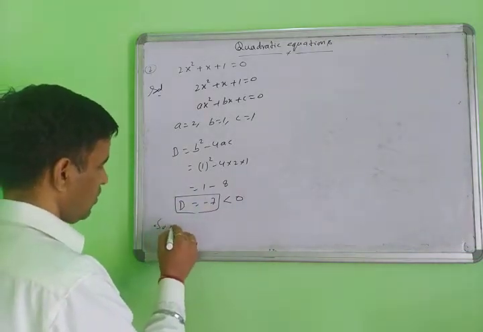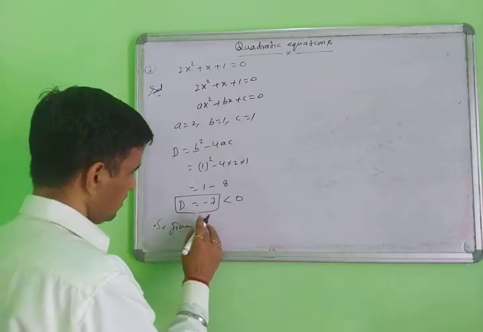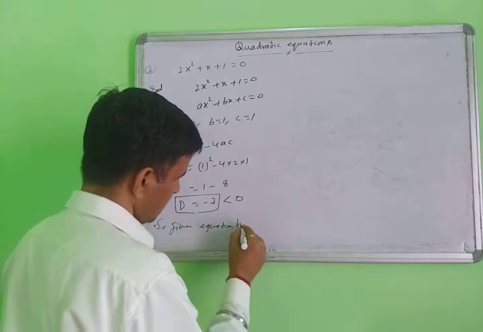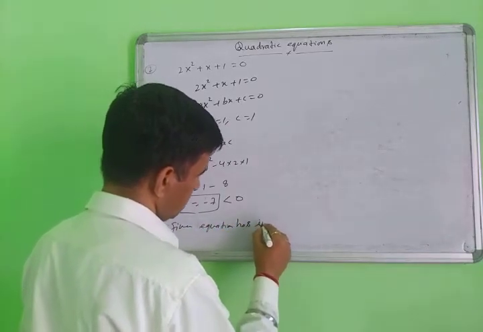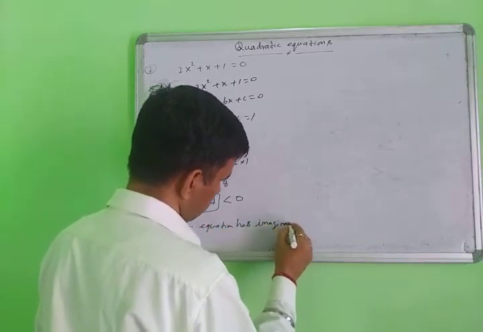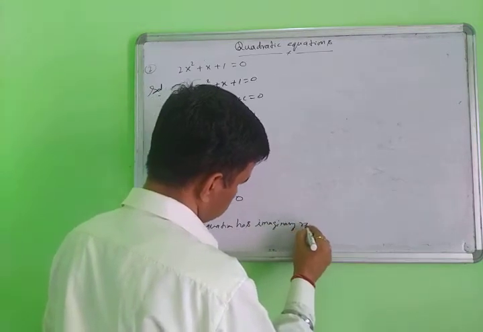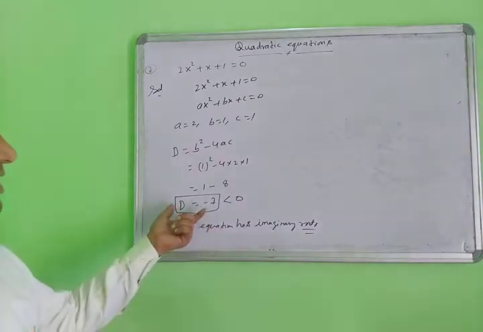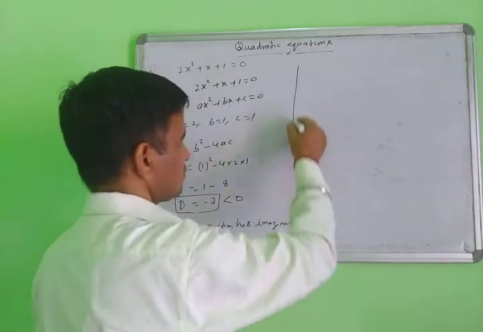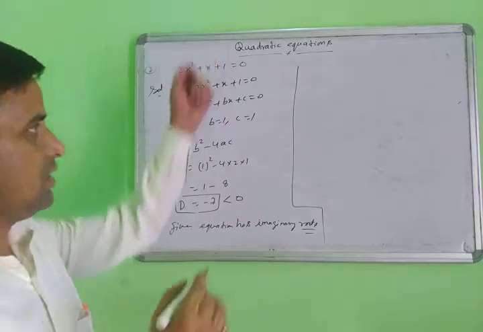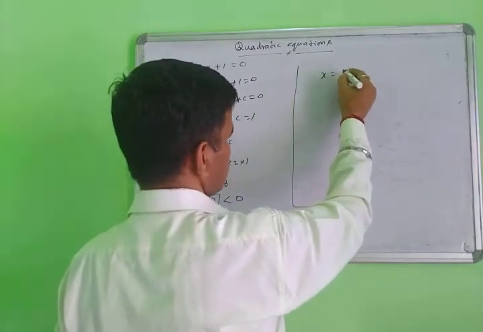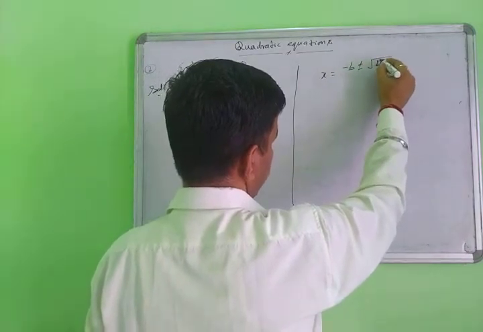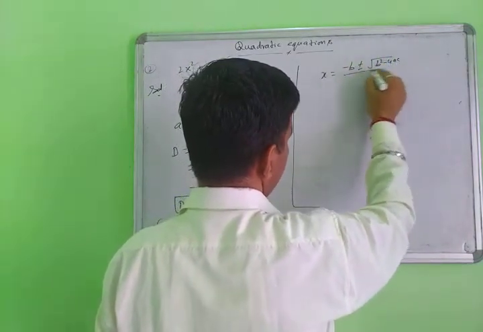So the given equation has imaginary roots. Then you can solve with the help of the imaginary root formula. Now look here: x equal to minus b plus minus root b square minus 4ac upon 2a.